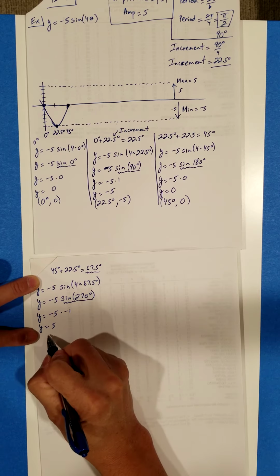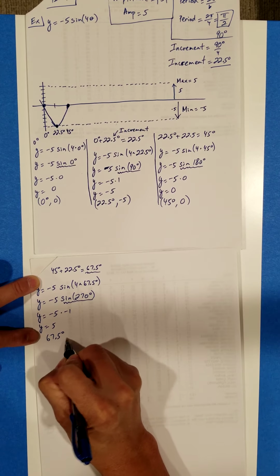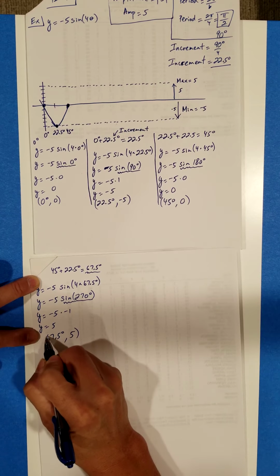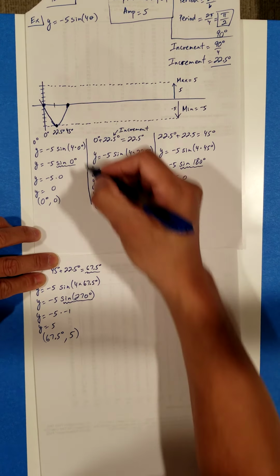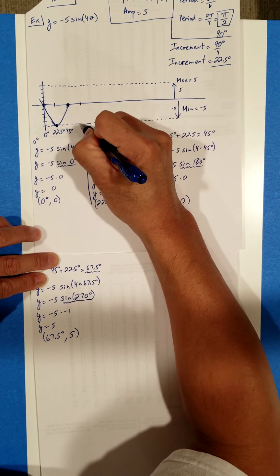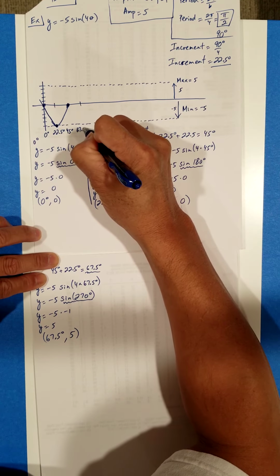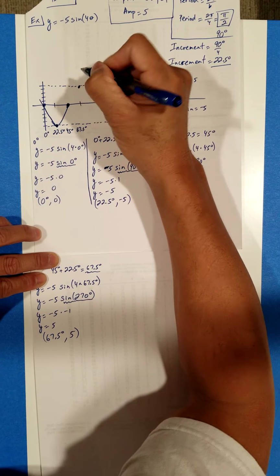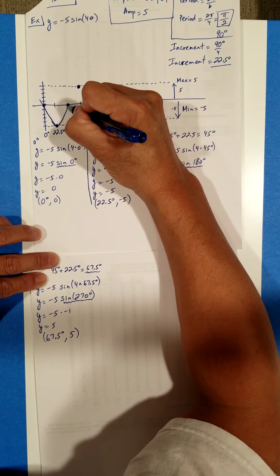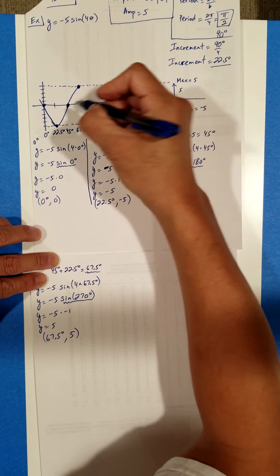So I used 67.5 degrees and I had a height of 5. So that's giving me my next point, okay? My next point is going to be right about here. This is about 67.5 degrees and my height is 5 right here, okay? So when I connect the dots, I get this, okay?